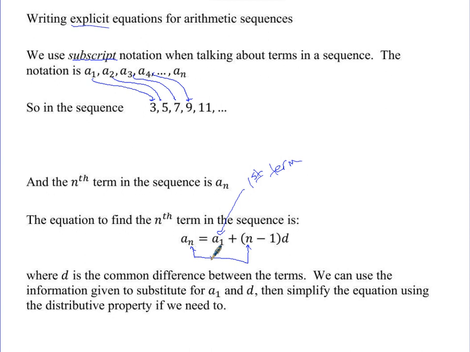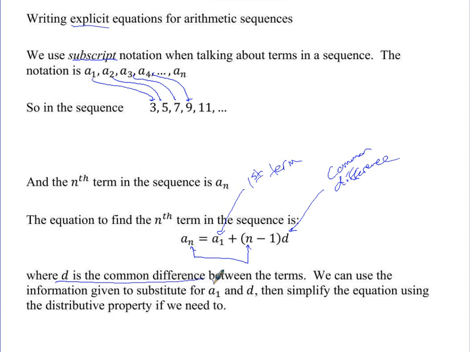So if I want A sub 15, then I'm going to put a 15 right here also. And what's that D? We talked about the D yesterday. Two words, starts with a C. Yeah, common difference. So if a sequence is an arithmetic sequence, you can use this equation right here to find any term you want. By the way, it happens to say D is the common difference sitting right there.